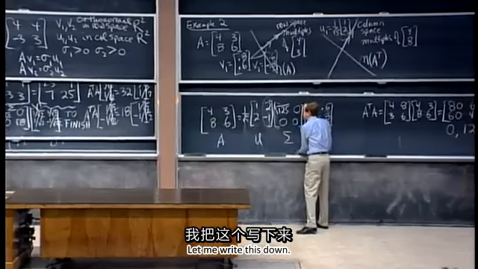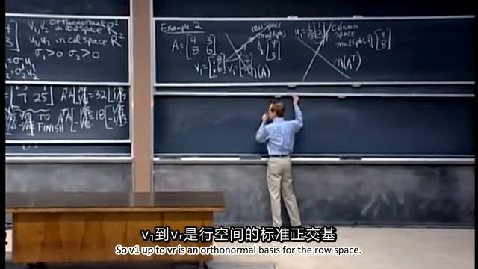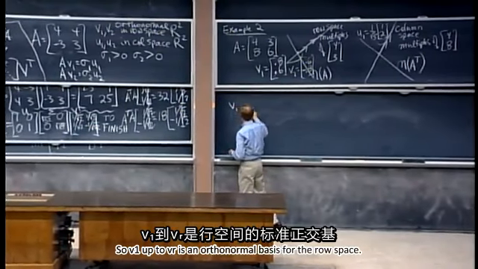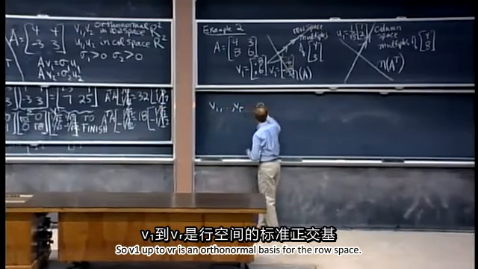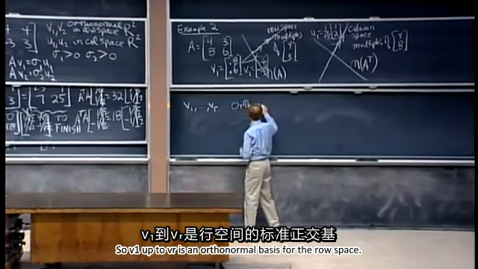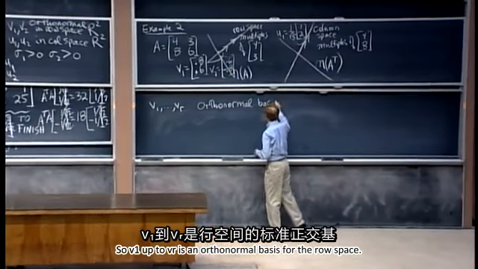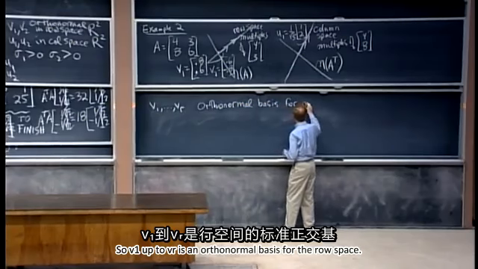Let me write this down. So V1 up to VR is an orthonormal basis for the row space.